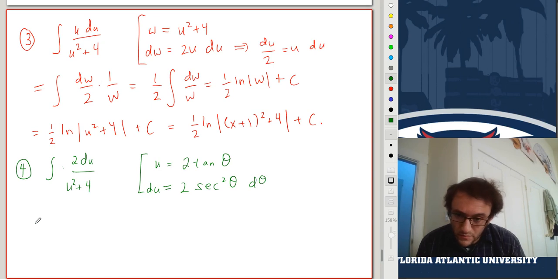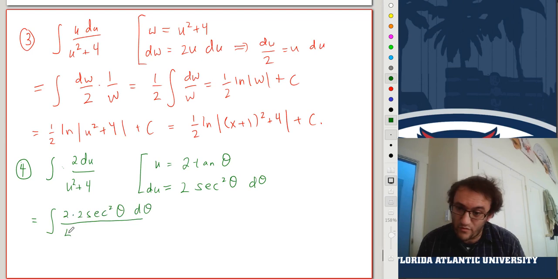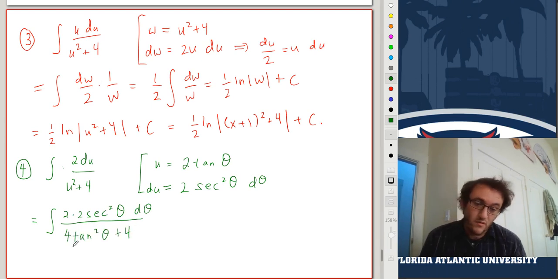Okay, well, when I plug that in here, I get 2 times 2 secant squared theta d theta divided by 4 tangent squared theta plus 4. By the Pythagorean identity, that denominator is 4 secant squared. So I'm left with integral of d theta, which is just theta plus c.